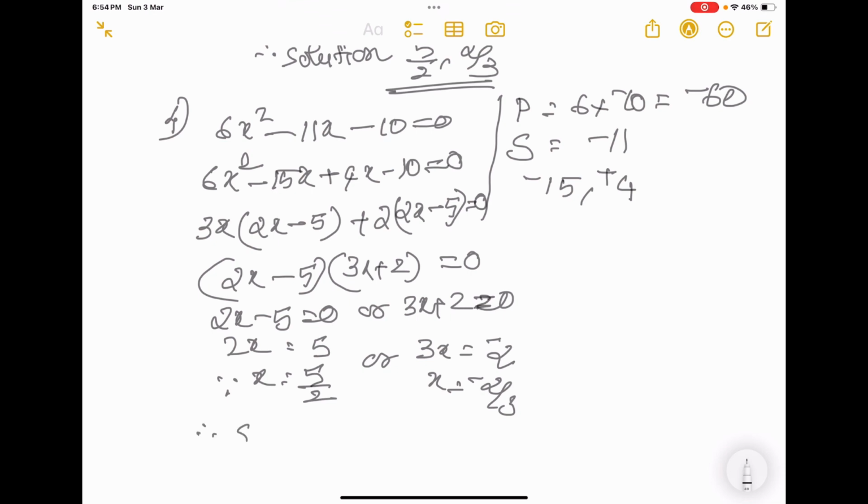Therefore solution 5 by 2 comma negative 2 by 3.